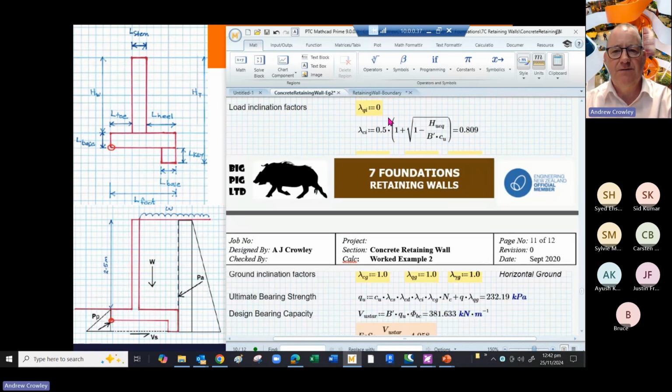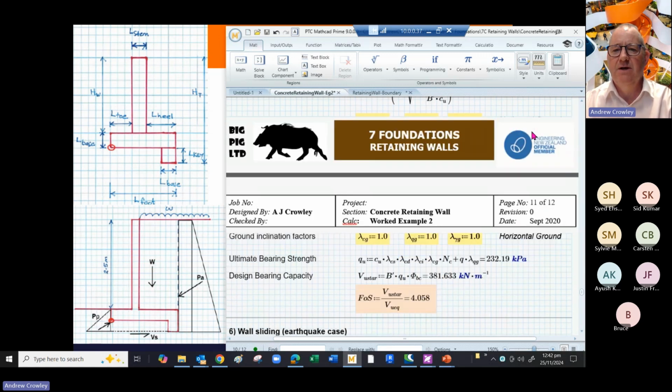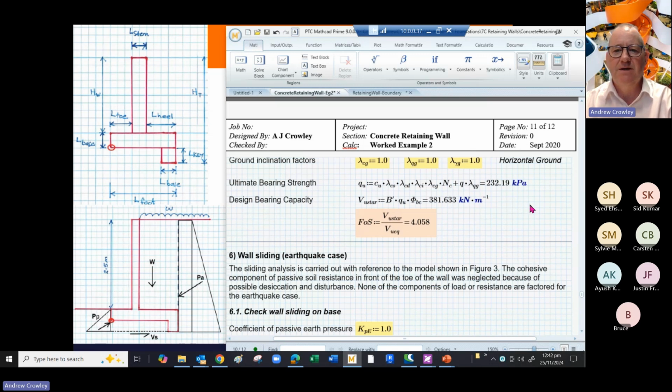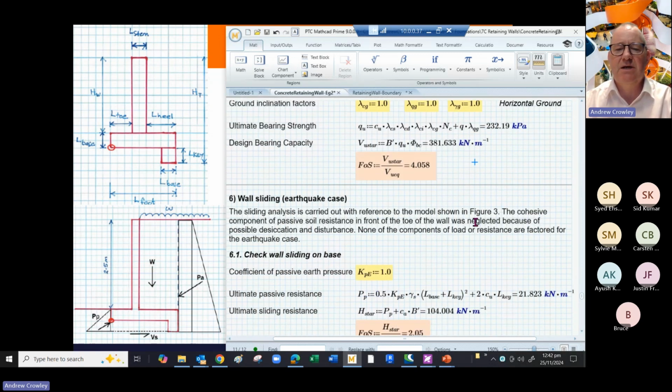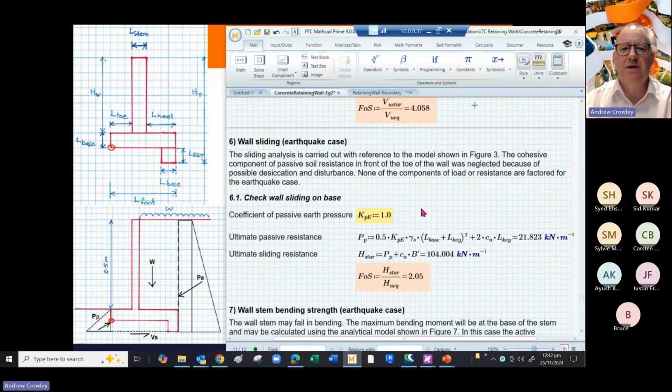The load inclination factors are different this time because you've got slightly different loads. The load inclination factors remain as 1, and so we get an ultimate bearing strength in this case of 232 kPa. And so our factor of safety against bearing failure is over 4. So we can see that our seismic load case is not the governing case.